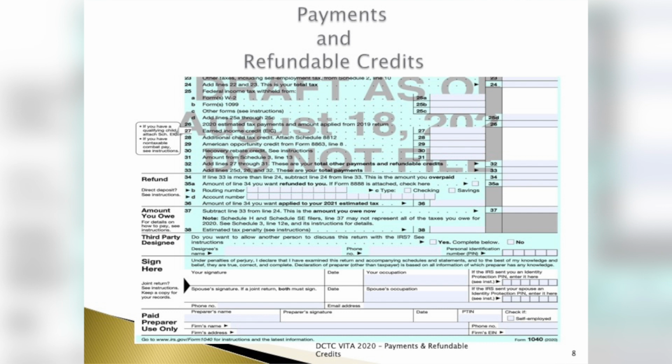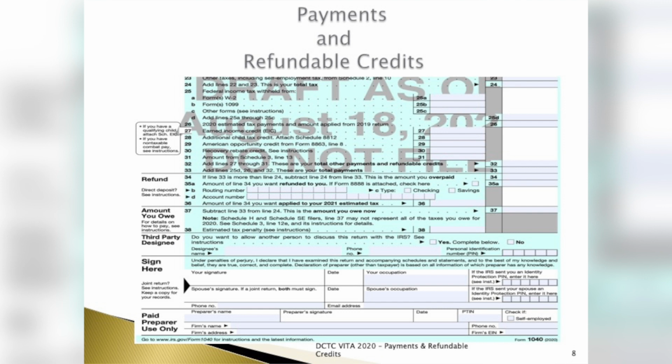We've just covered line 31. Line 32 represents other payments and refundable credits, that is the totals from lines 27 through 31, which includes the Earned Income Credit, the Additional Child Tax Credit, American Opportunity Credit, Recovery Rebate Credit, and the Net Premium Tax Credit.